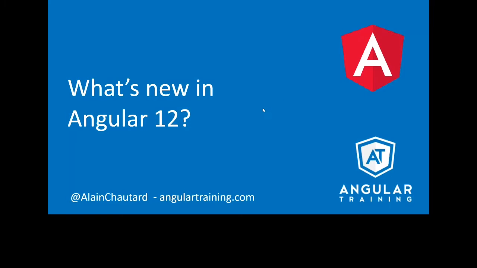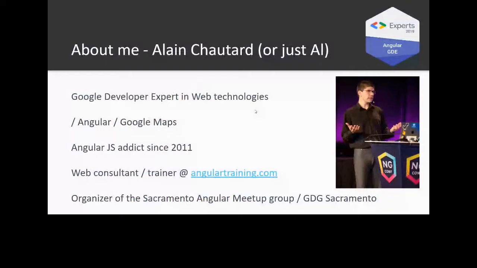So first things first, a few words about myself. My name is Alain, or just Al, and I'm a Google developer expert in web technologies, more specifically Angular and Google Maps. I've been working with Angular and AngularJS for a very long time, 10 years ago, basically back in 2011, and pretty much on a daily basis since then.